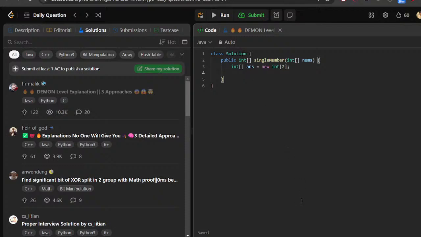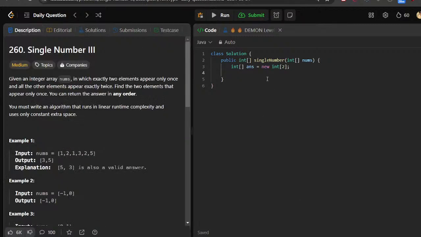Should we start? Are you guys able to see? Yes. Let's go for the description. So what we tell is XOR of all.